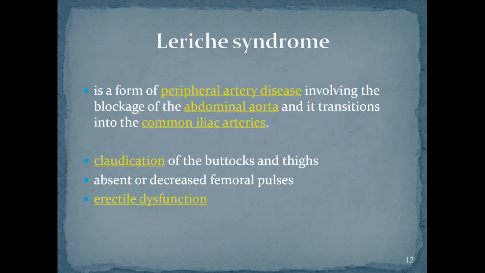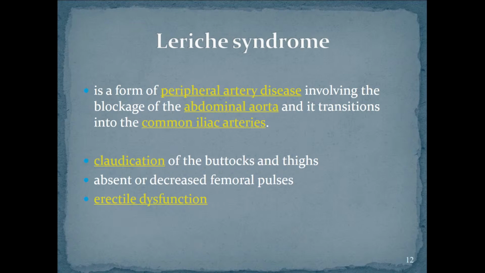So Leriche syndrome. Leriche syndrome is a form of peripheral artery disease involving the blockage of the abdominal aorta and it transitions into the common iliac arteries. Claudication of the buttocks and thighs is characteristic for Leriche syndrome.